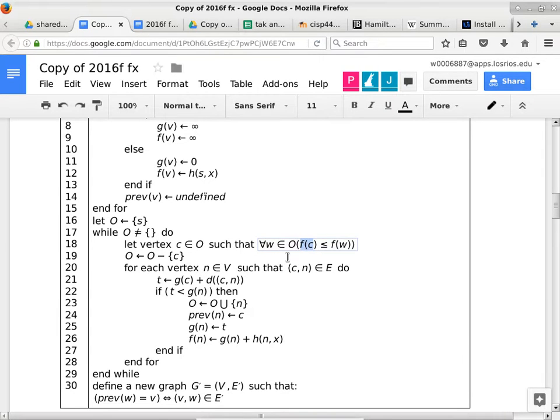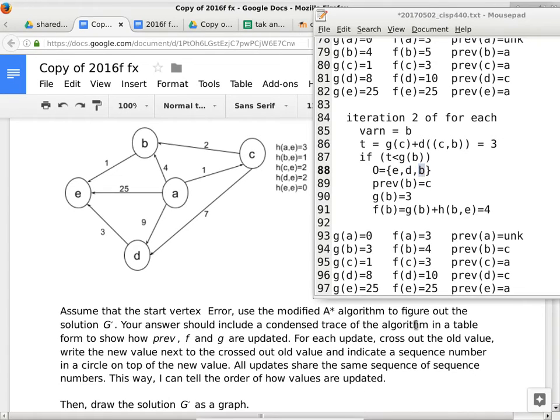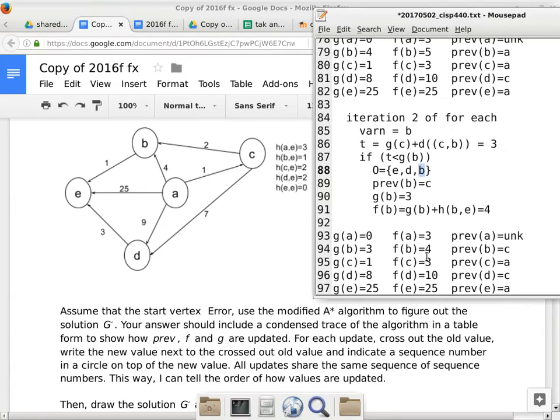So let's switch back to the graph itself. Now we have to look at what is in the set O. We have E, D, and B in big O. Which one has the least f value? So we are looking at B, D, and E. Which one has the smallest value?